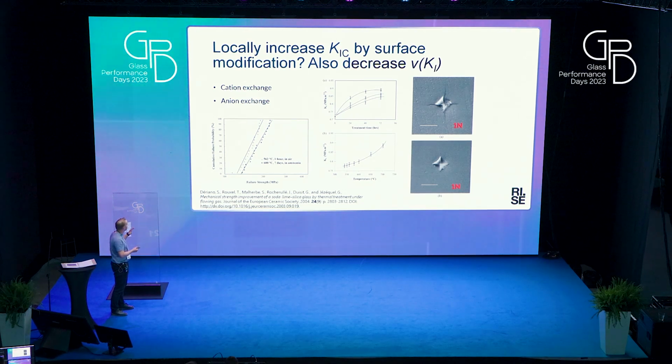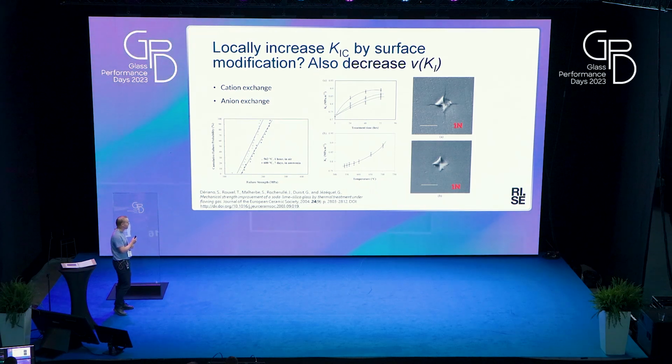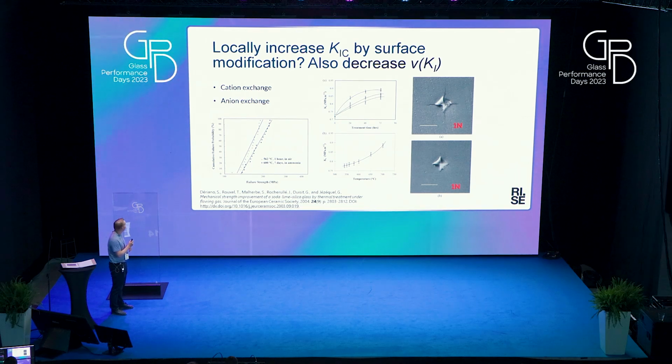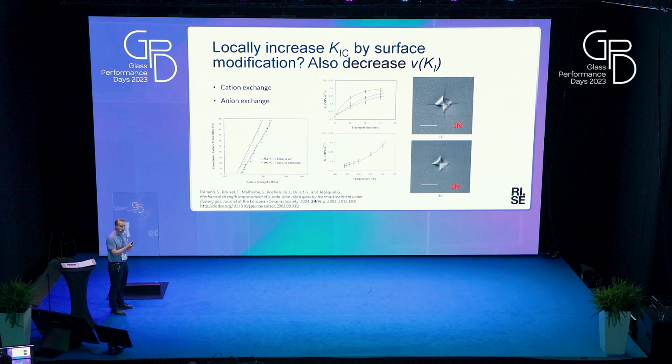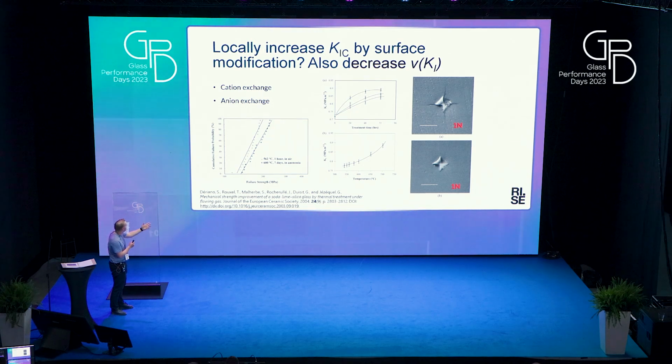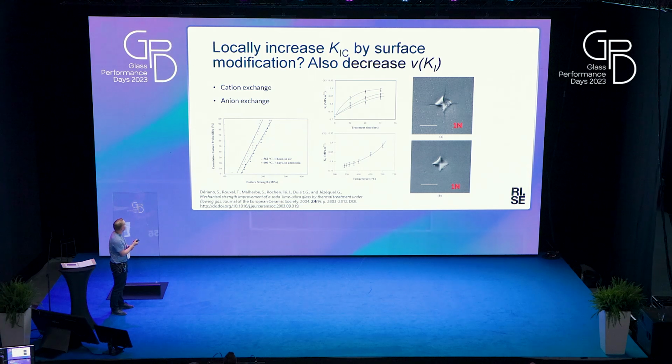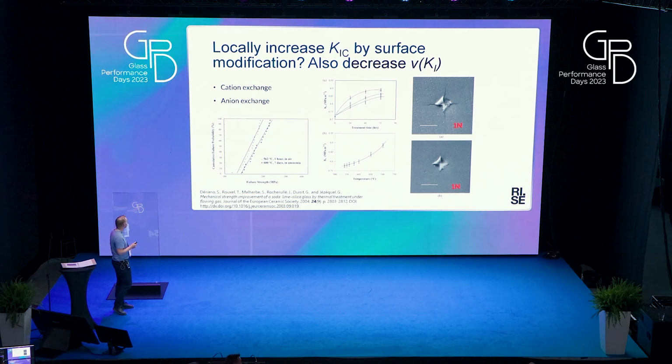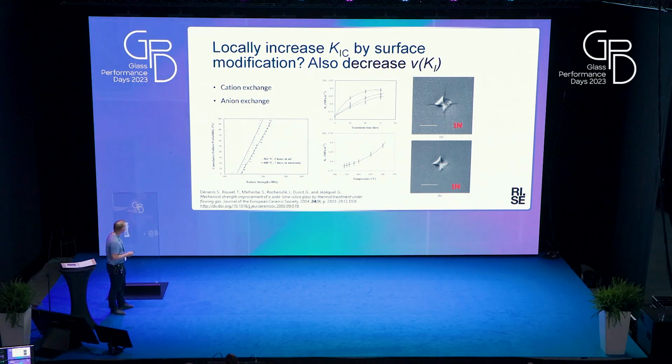You can do this by cation exchange or anion exchange, and here is some example on anion exchange, where they have been treating the glass in ammonia at elevated temperatures, and then you can actually increase both the crack resistance and the KC in this case, the critical stress intensity factor. And also the failure strength. So very interesting work.